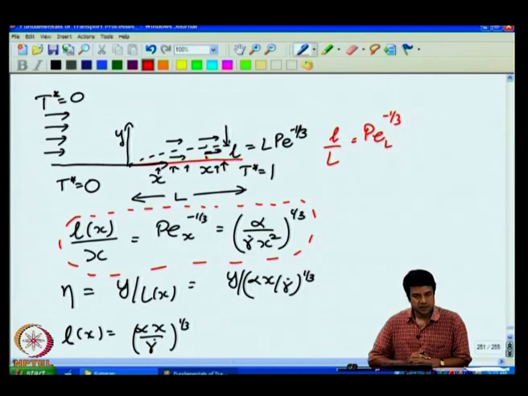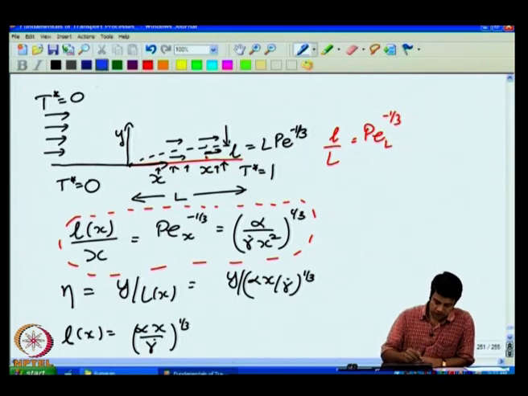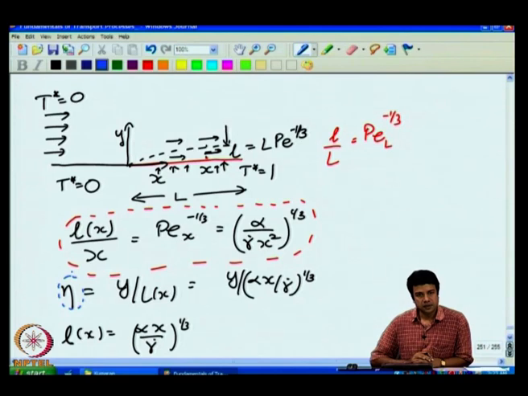When I express the equation in terms of the scaled coordinates, which is y divided by the boundary layer thickness, then I should end up with an equation which depends upon this similarity variable alone. Okay. It should not depend individually on x and y, and it should also not depend upon the strain rate or the diffusion coefficient.